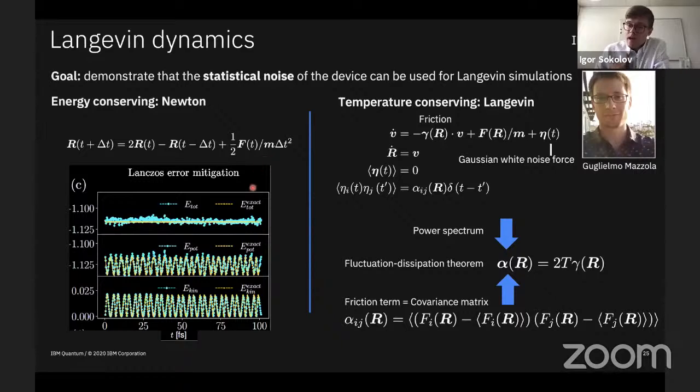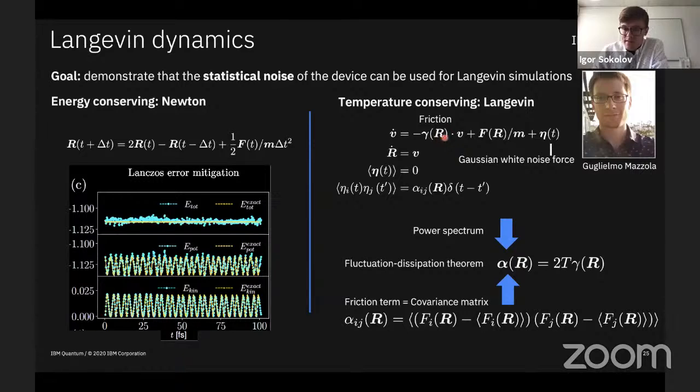Now we just have to switch the equation of motion in our code, which now includes additional terms: the friction term, gamma r, and this Gaussian white noise force eta t. The important point is that this noise has an average equal to 0.